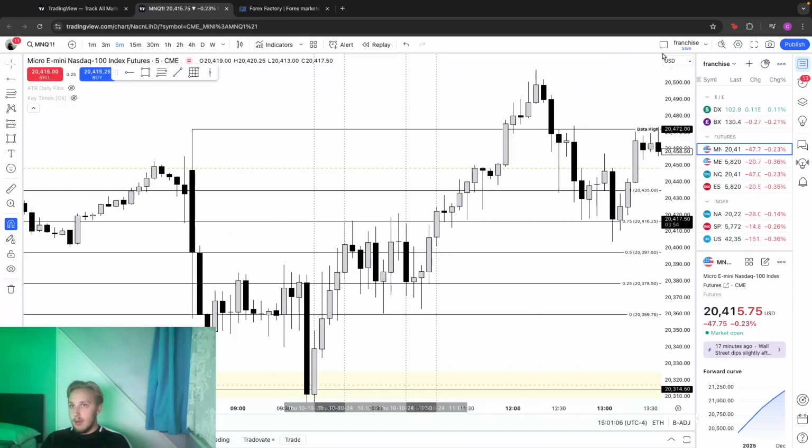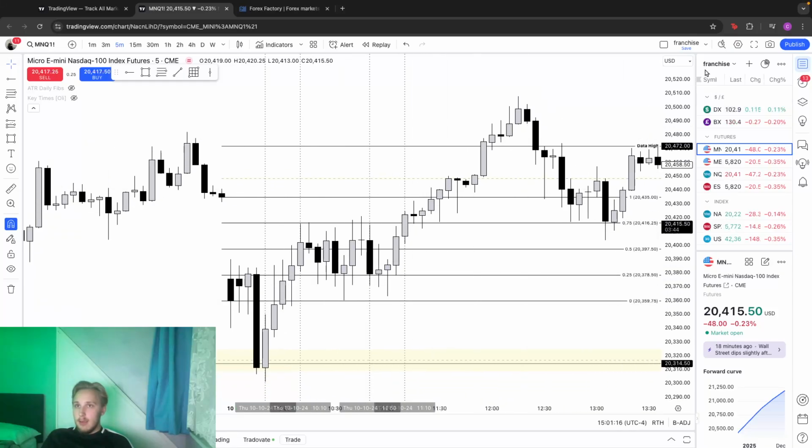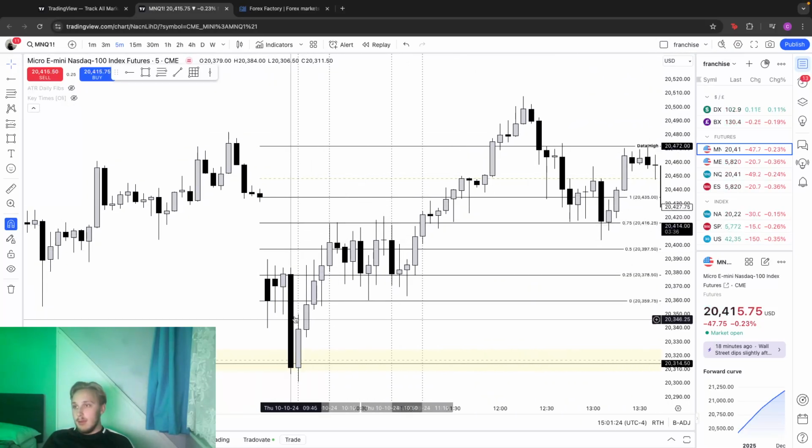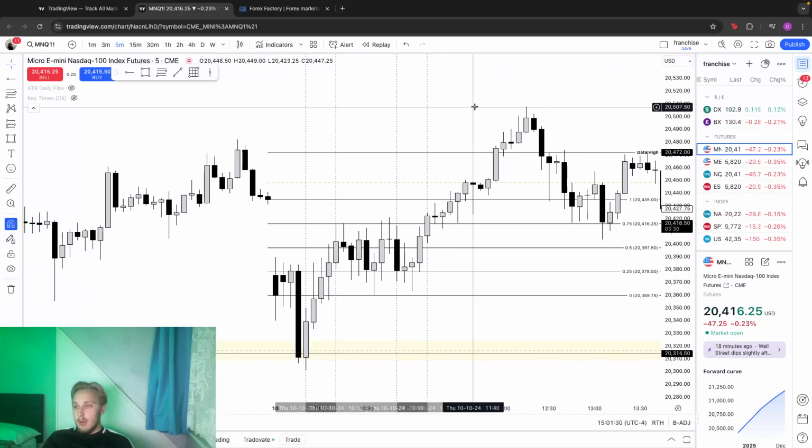Reason why I'd mark the data high is we've already swept this data low during pre-market, and we've also opened to a premium opening gap, so the likelihood of it coming up to bounce off the levels and then take out data high is quite probable.